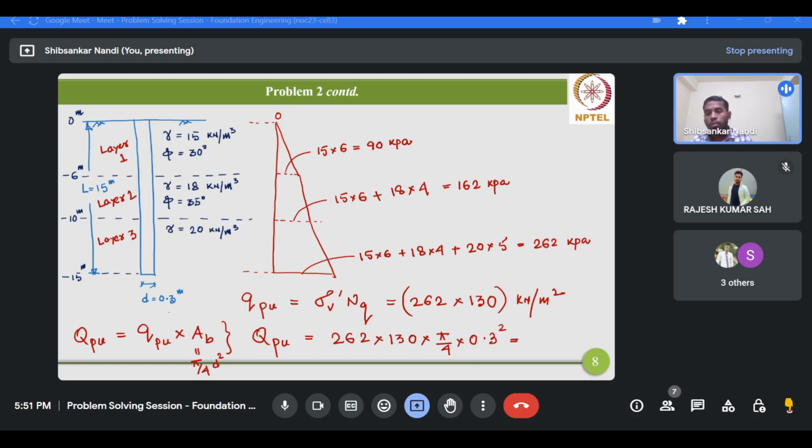The diameter of the pile is given as 0.3 meter. So I am getting the value for ultimate point bearing resistance as 2407.56 kilonewton.